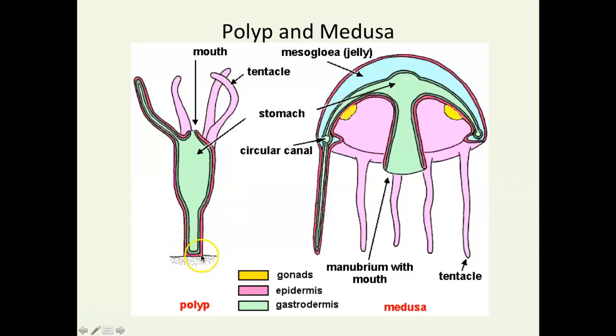This part of the polyp sticks to a rock or to the bottom of the water. And the medusa is usually free floating. This one obviously looks like a jellyfish, and yes, a medusa is the shape that jellyfish have, and they float around, right? So those are basically the two shapes that these cnidarians have.